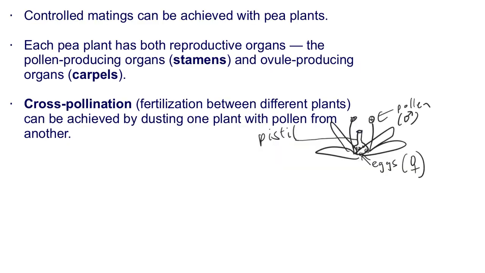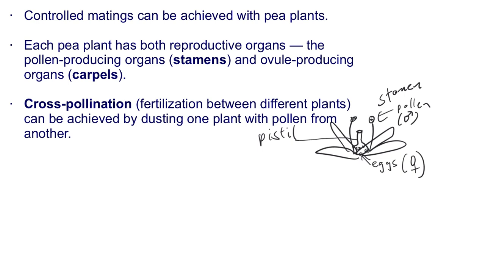The male things, these stalky things, are called stamens, and the end thing is called the anther, but you don't need to know that yet.